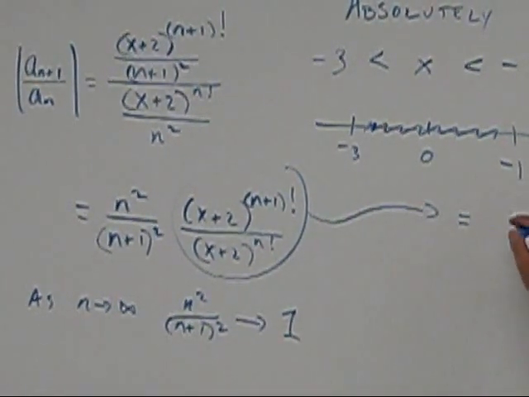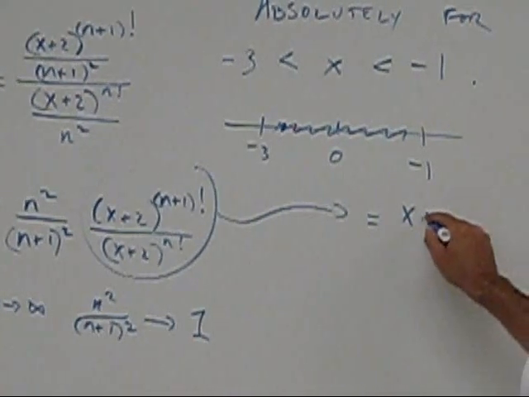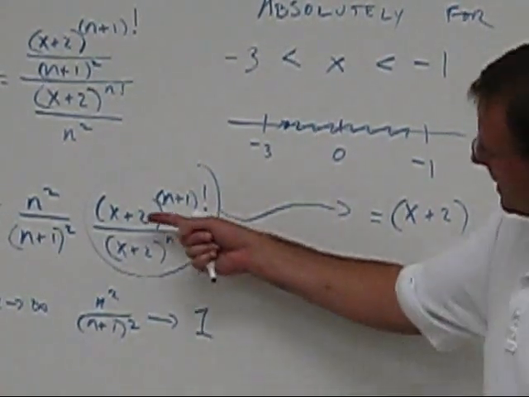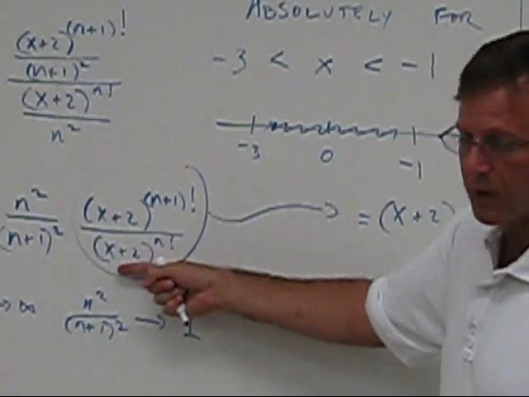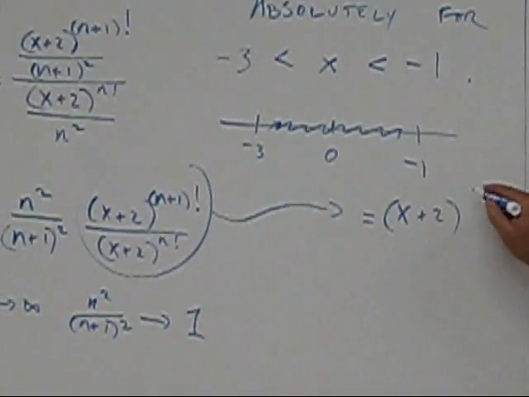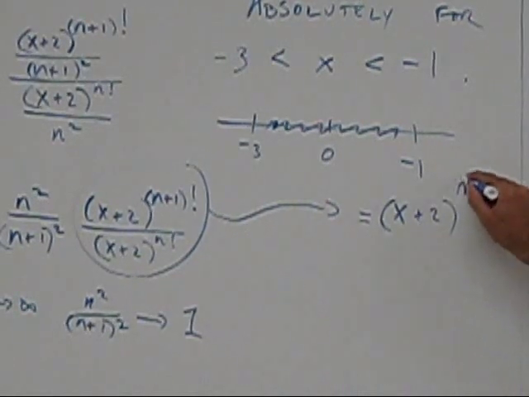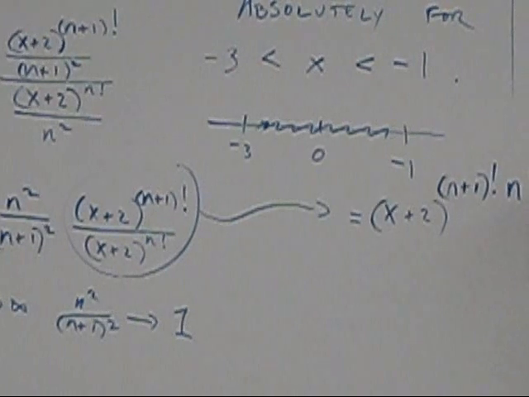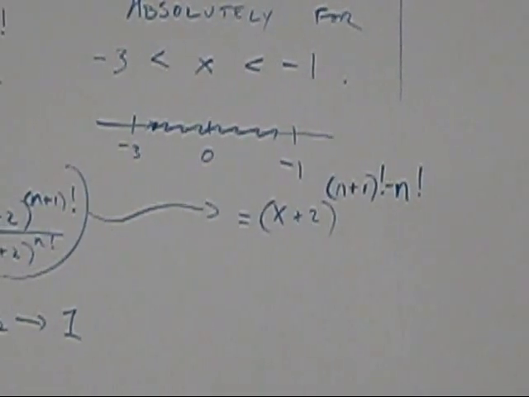This is equal to x+2. So what I have to do is, see, I have x+2 on the top, x+2 on the bottom. Those are the bases. I'm going to subtract the exponents. So that's (n+1) factorial minus n factorial.